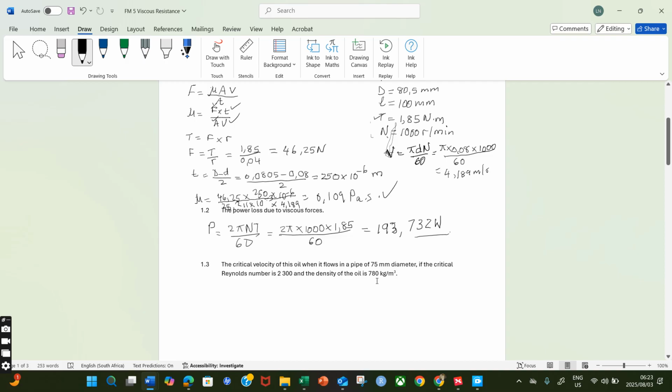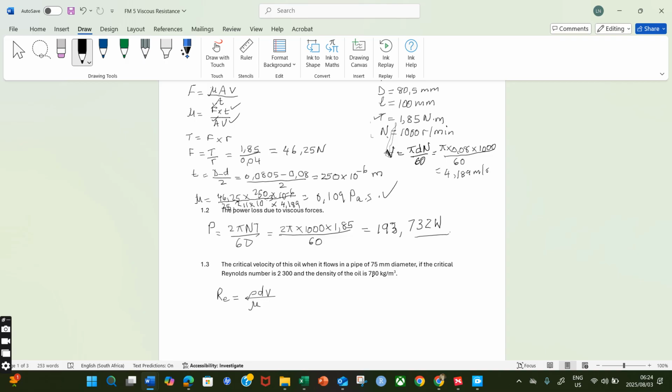So in calculating this, we write down the formula for the Reynolds number. Re is equal to the density of the fluid multiplied by the diameter of the pipe multiplied by the flow velocity, all this over the coefficient of viscosity.